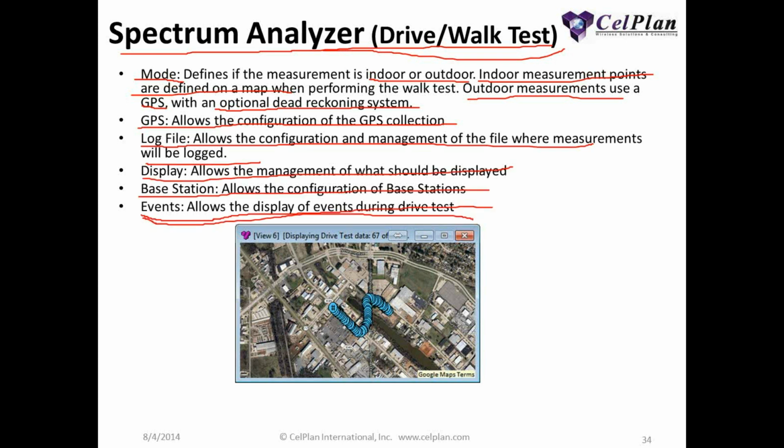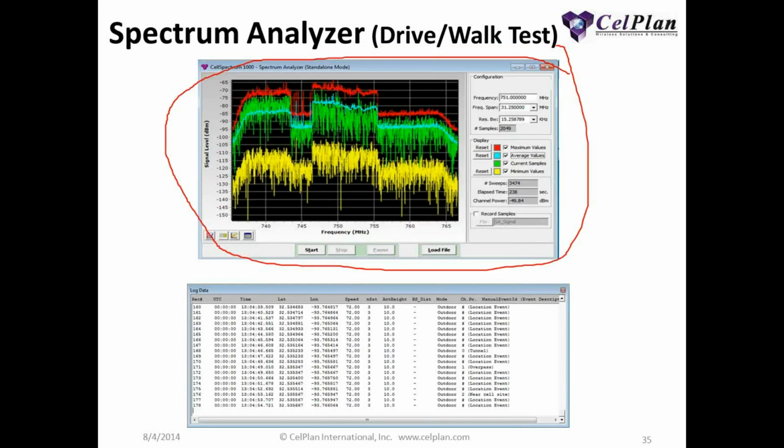And here is a capture while we were doing a drive test. This is the screen that we see during the drive test, and this is the log of the drive test that gives us every single capture and tells us things like the time, the lat long, our speed.